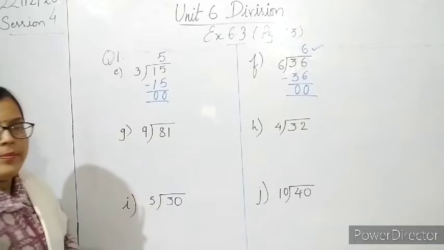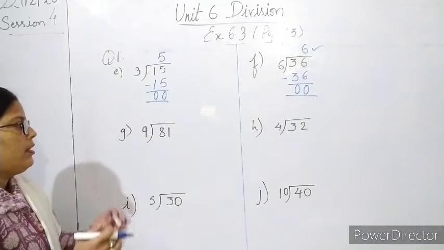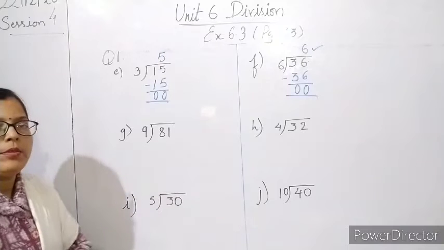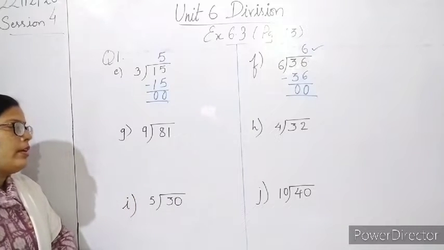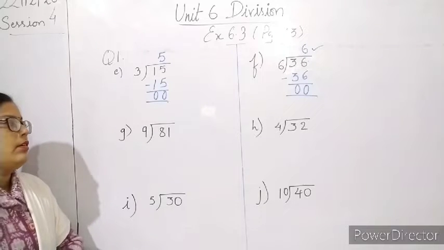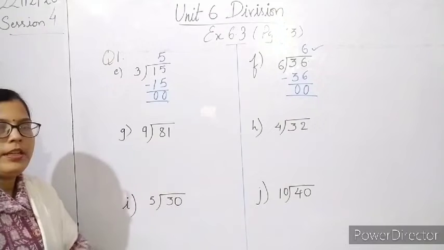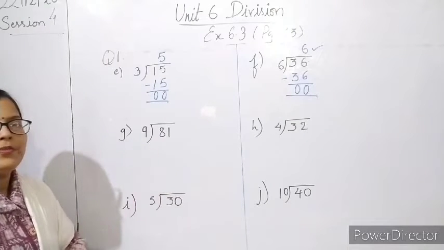Now question number G. 81 divided by 9. Recall the table of 9 and find out by how many times you get 81 in the table of 9. When you recall the table, you will get 9 times 9 is 81.